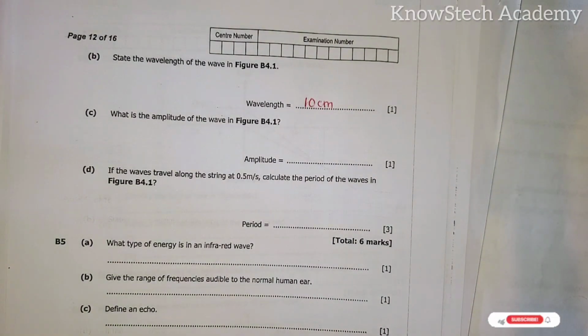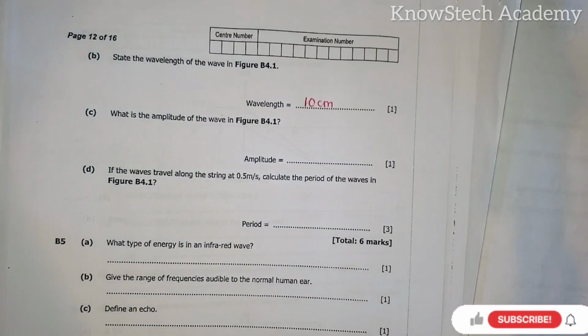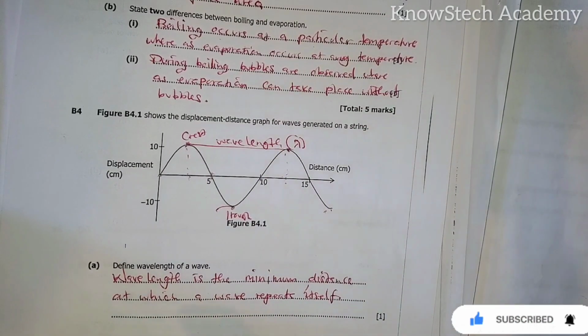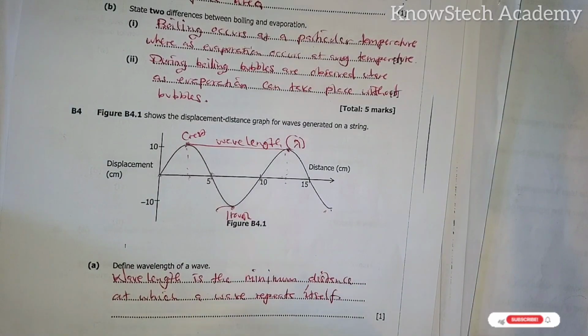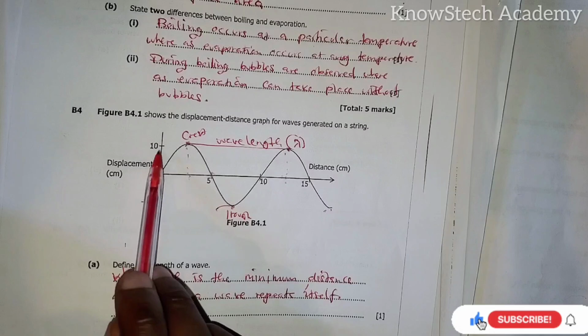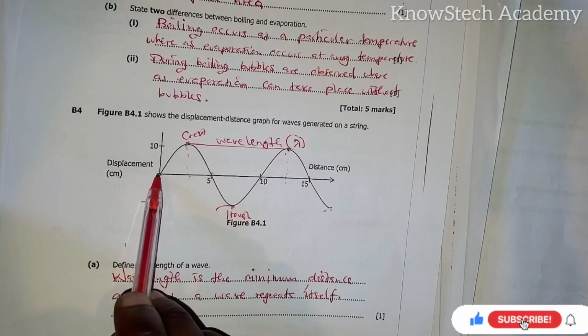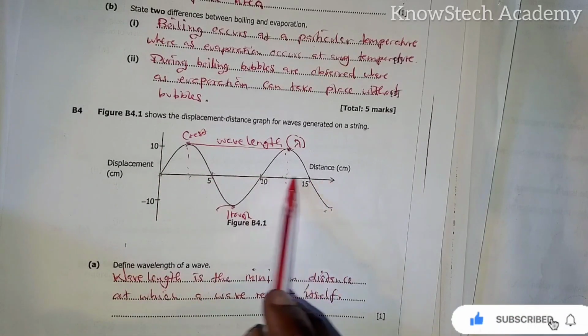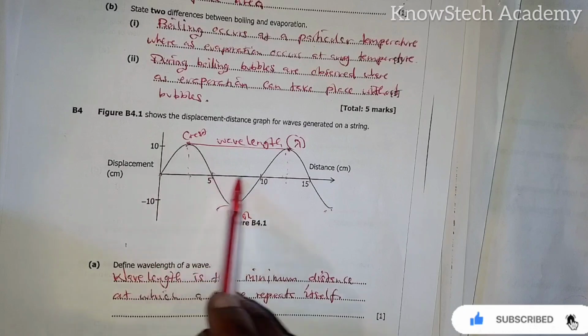And the next question is, what is the amplitude of the wave in figure 4.1? Look at this. The amplitude is the displacement from the resting position, this line here.